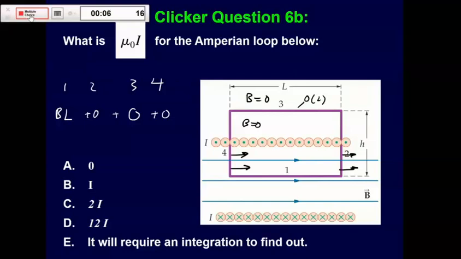Here, the current I is the current going through all these different wires coming out on top and on the bottom. So what would be the total current enclosed for the Amperian loop below? The way I phrased it, just imagine that there's a mu naught in all the pieces. I dropped the mu naught from the answer, but assume there's a mu naught in front of all of them.